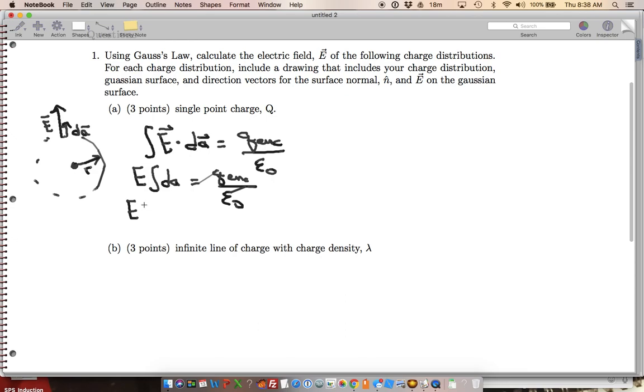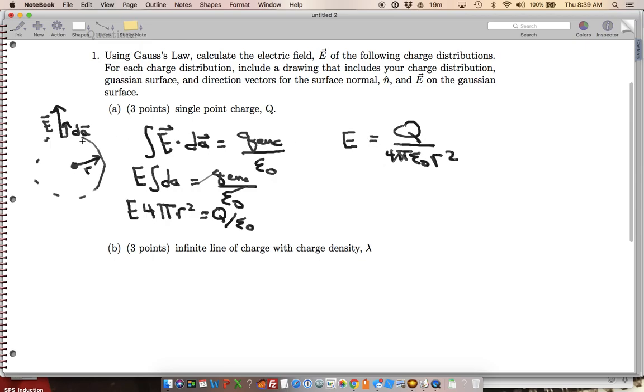So Q enclosed is really, from the problem, just Q. So I can just plug in Q, because that's what's inside my Gaussian sphere: Q over epsilon naught. And so then I have E is equal to Q over 4 pi epsilon naught r squared. And then what about direction?